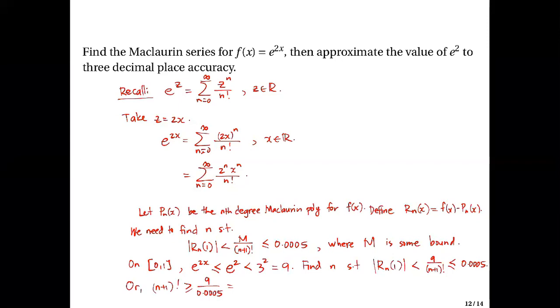And if we calculate this, 9 divided by 0.0005 is roughly 18,000. So we want the n such that n plus 1 factorial is at least 18,000.